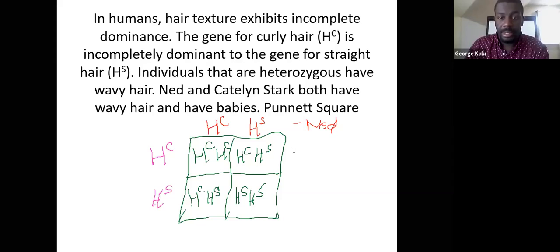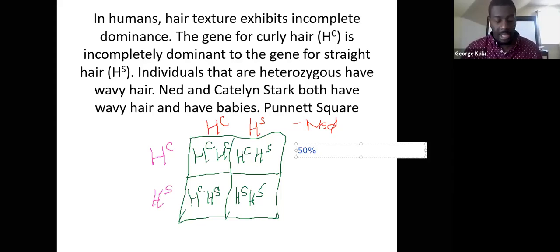Now if we want to interpret our Punnett square, let's look at the genotypes first. What is the likelihood that we're going to end up with a homozygous individual, just homozygous as a whole? 50%, right.